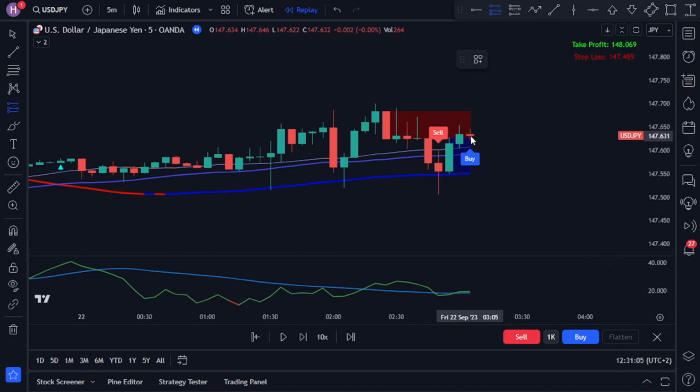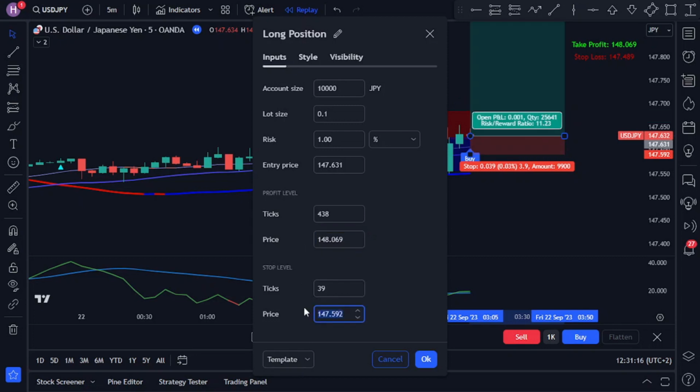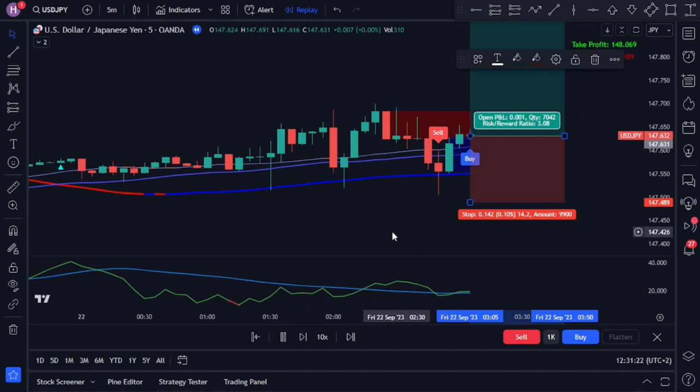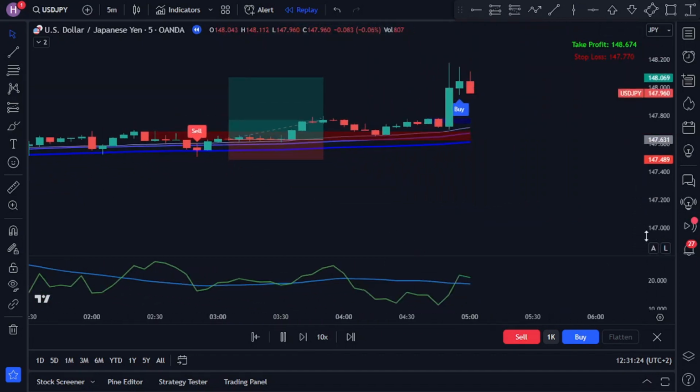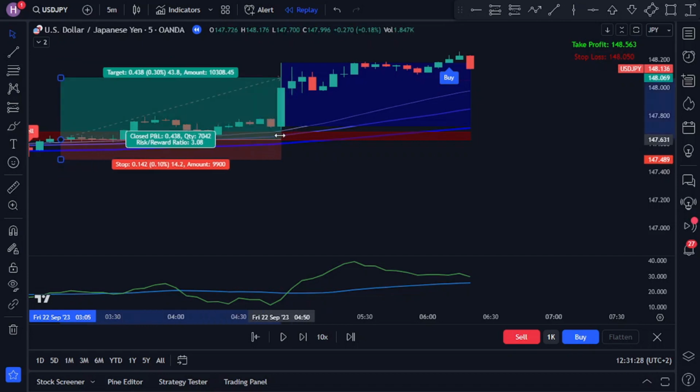Once all of these criteria are in place, we can enter our buy trade. And for the buy trade, I'm going to use the stop loss and take profit provided by the indicator. The reason is these levels are automatically calculated using the ATR or average true range indicator, which makes them dynamic for changes in market conditions.